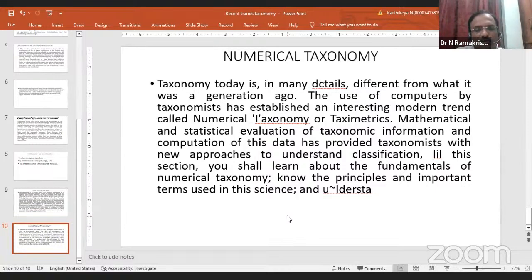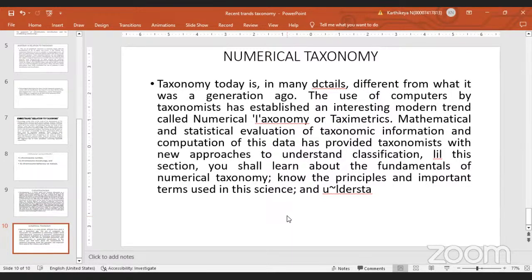First, based on epidermal structures: in the epidermis, stomata and trichomes are there. So we call this recent trends classification.